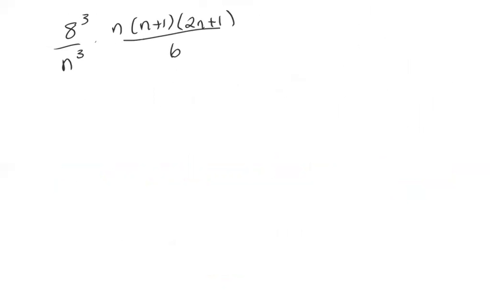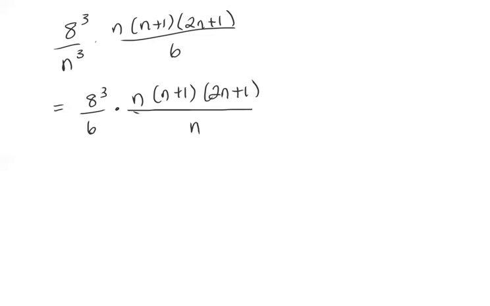Maybe I'm going to rewrite it so I have all those constant terms written together and all the n terms written together, then it's a little bit easier to see. n plus 1 times 2n plus 1 over n cubed. I can see that I have a single n term on top that cancels top and bottom. So there's that. 8 cubed over 6. What I'm left with in the denominator is n times n.